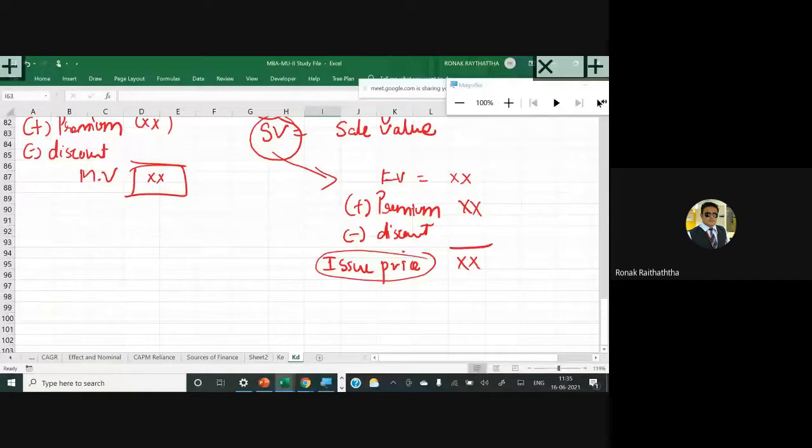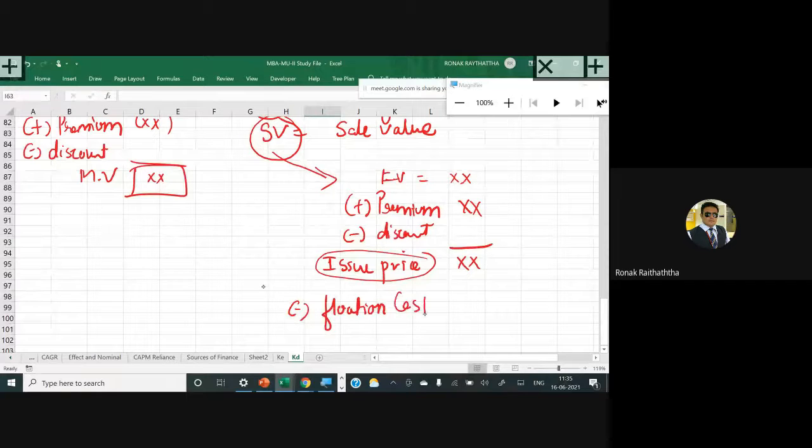They will involve themselves in a lot of cumbersome, huge process, which involves a cost. That cost which is associated with the distribution of debentures to the public at large is called the flotation cost.